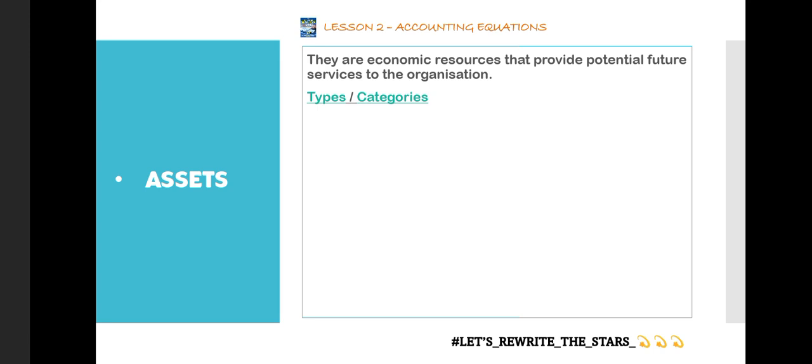The fundamental definition of assets is basically the things that are owned by a business, the things that belong to a business, or the things that help the business to run. So anything that belongs to an organization, or that is in an organization and helps in its efficient running, is referred to as an asset.